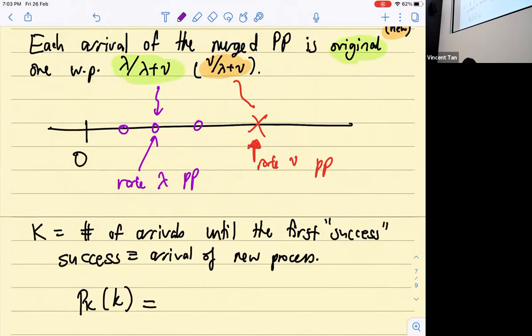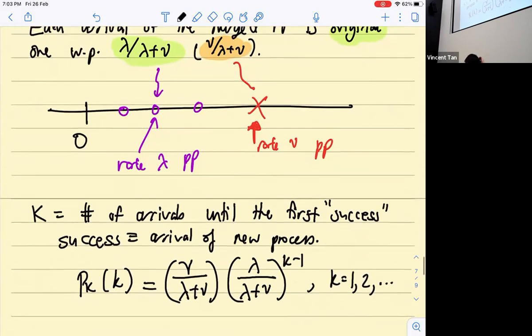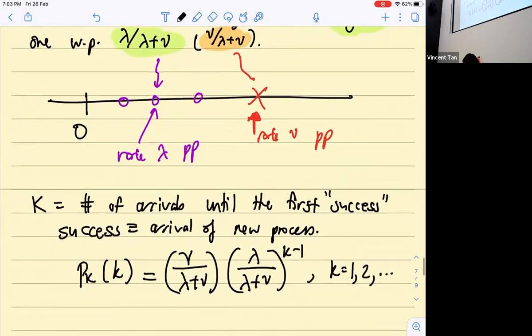So what is P(K = k)? It's nothing but nu over lambda plus nu, times lambda over lambda plus nu to the power of k minus 1, where k runs from 1 all the way up. This is the number of arrivals until the first success.